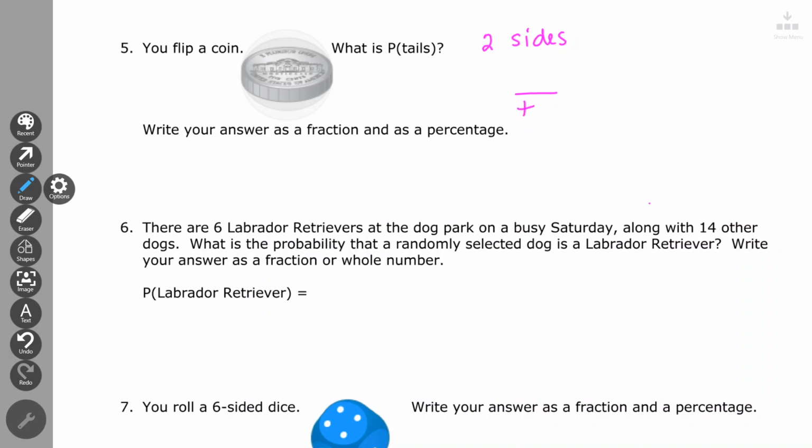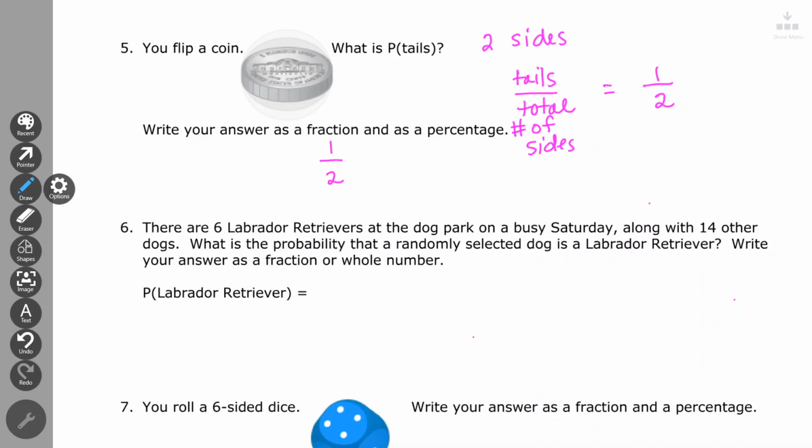So the total number of sides would go on the bottom. That would be the denominator. And the part that's tails, how many are tails? Well, that would be 1. So 1 over the total number of sides would be 2. So it says write your answer as a fraction. So that would be 1/2, 1 over 2.